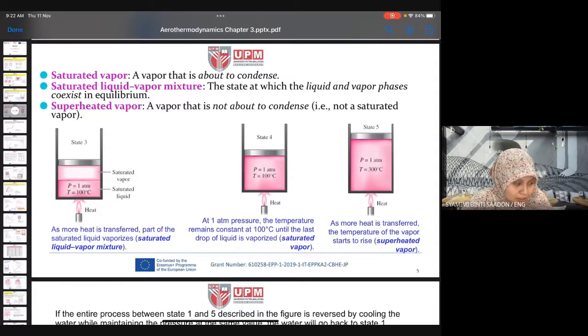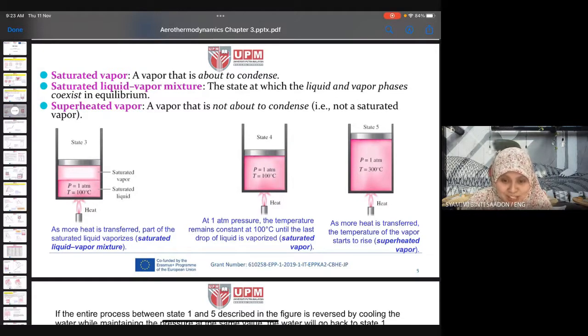And then superheated vapor is a vapor that is not about to condense, not a saturated vapor. Just now, for saturated liquid, subcooled liquid or compressed liquid, the temperature is really below 100 degrees Celsius. And now for superheated vapor, we assume that the vapor for water is not about to condense soon.